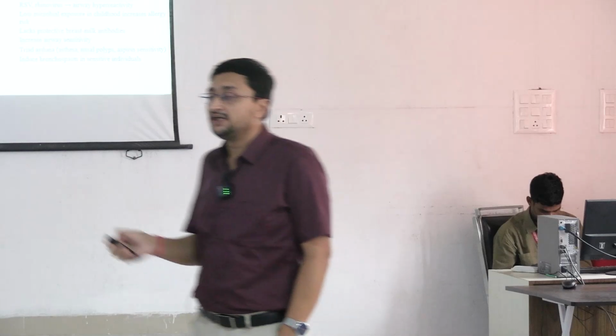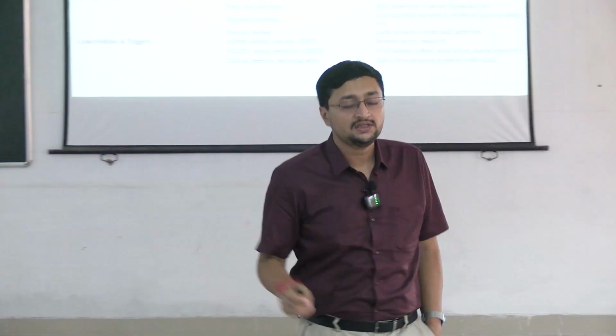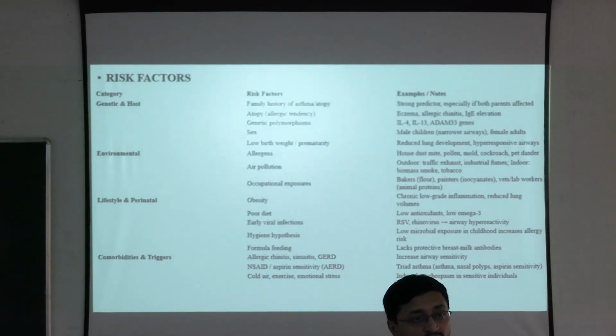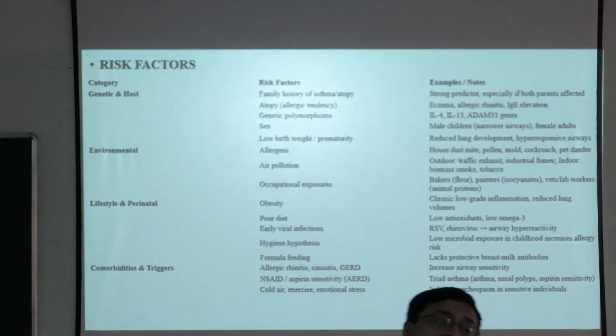In genetic factors, most commonly asthma is polygenic inheritance. Polygenic, neither autosomal recessive nor autosomal dominant.